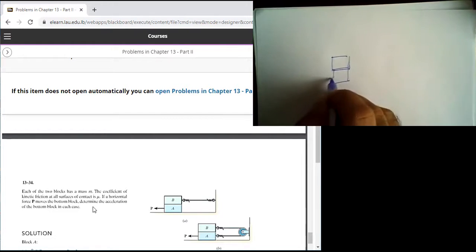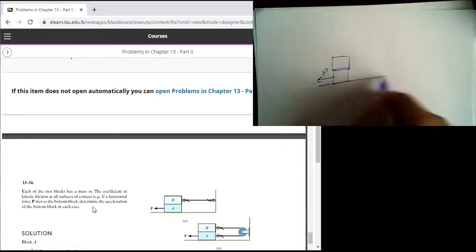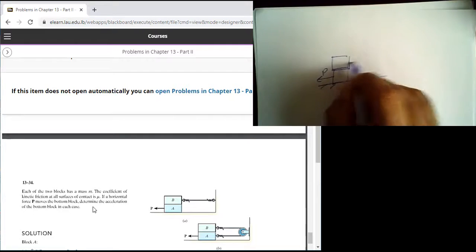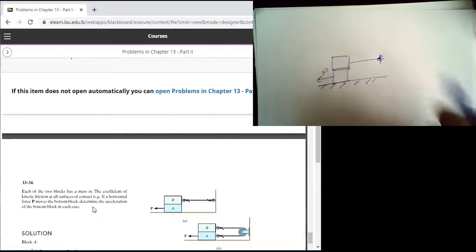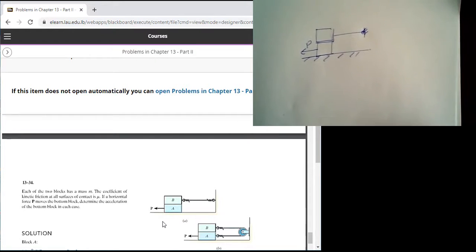Okay, can someone help me with the free body diagram on this? How does the free body diagram look like on this? The bottom block by itself.